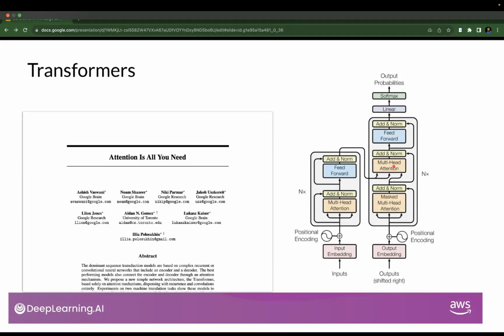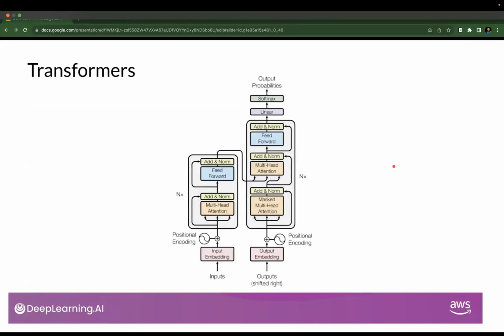We will take a look at all these things in a while. So this is how the transformer architecture looks. This is where we provide the inputs, and this is where we feed the outputs as they are generated. And the output result is the probability of different tokens which can come next. We will see that a little bit more in a while.